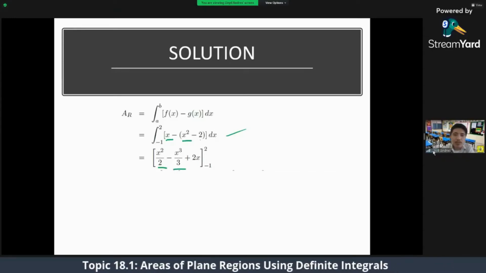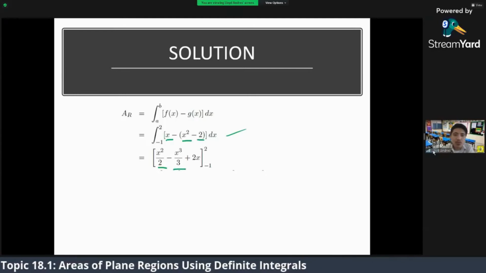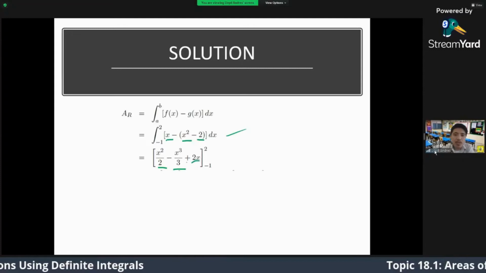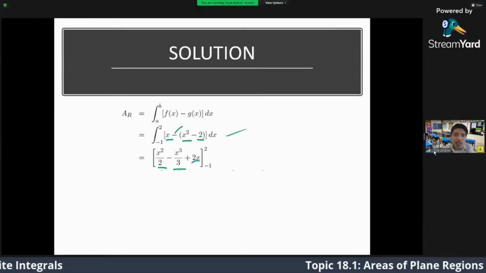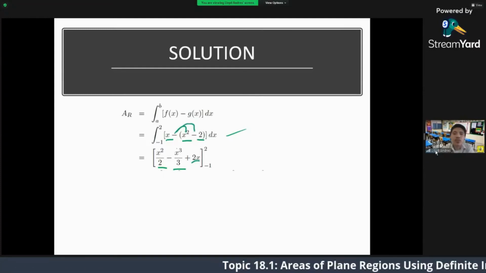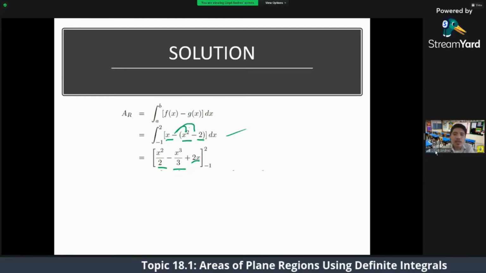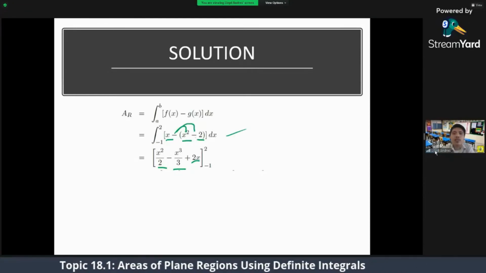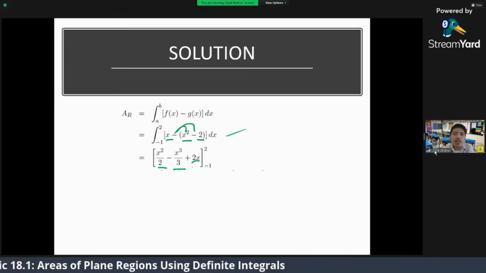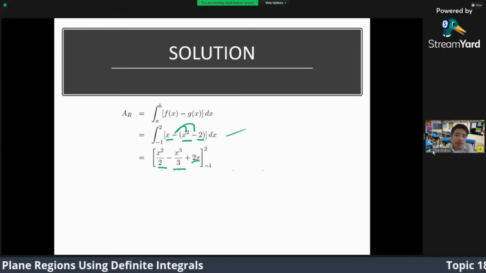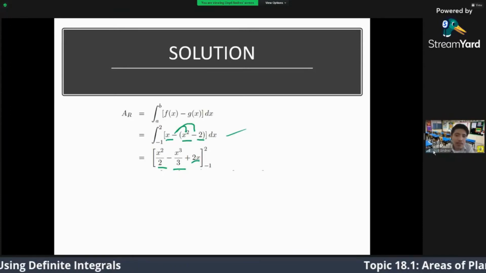The negative 2 becomes 2x. A question: why is it positive, sir? Actually, the negative was distributed. So it should be negative x squared, positive 2, so positive 2x. And then, we will be evaluating this antiderivative from negative 1 to 2.